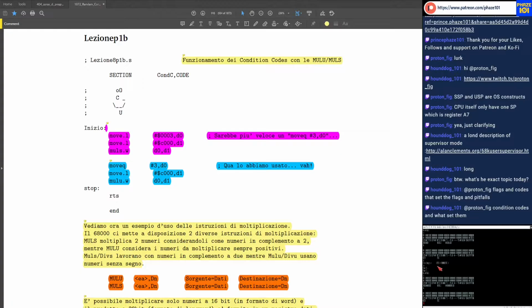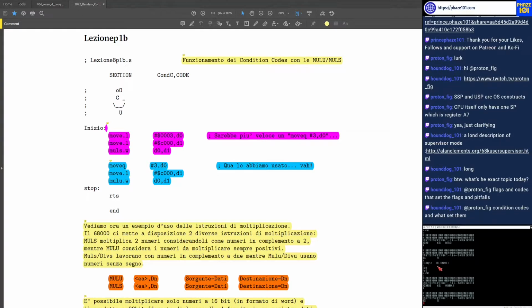And at the bottom, the blue part, the last line, is MULU, which means multiply unsigned, okay? Unsigned numbers. Also note that multiplication works on words and the result needs to fit in a long word.